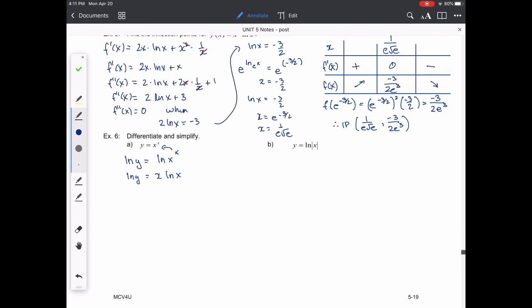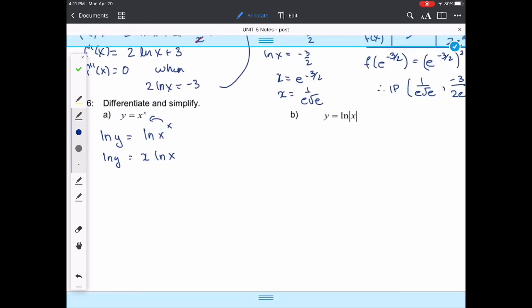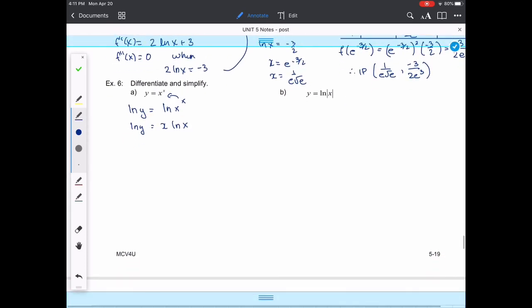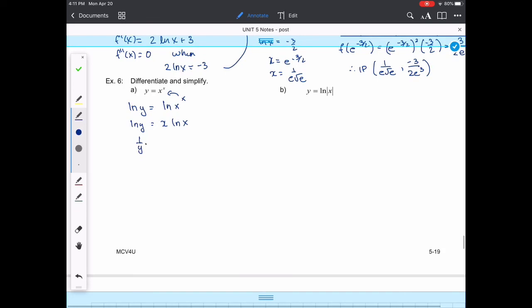So if I take its derivative, it's going to be 1 over y times dy dx. And that's equal to 1 times the ln of x, the derivative of the x times the ln of x, plus x times the derivative of ln of x.